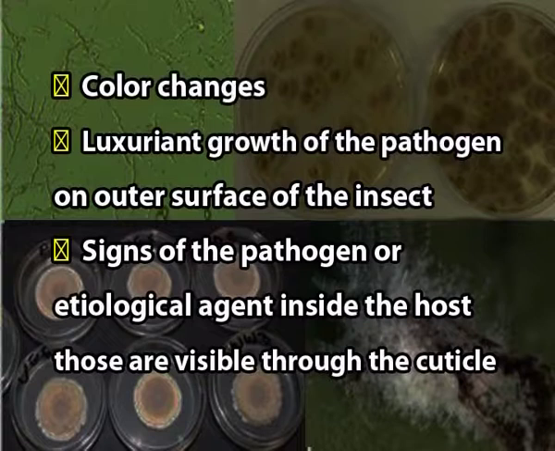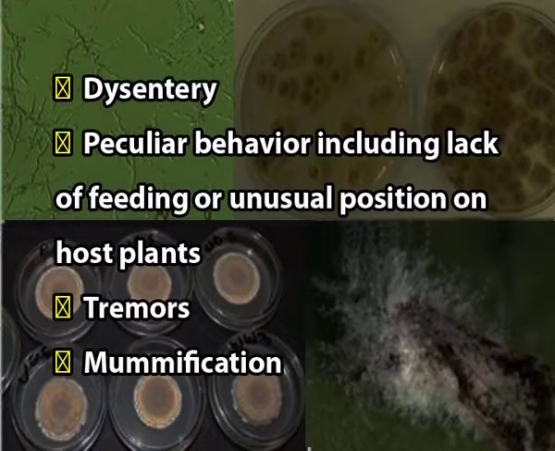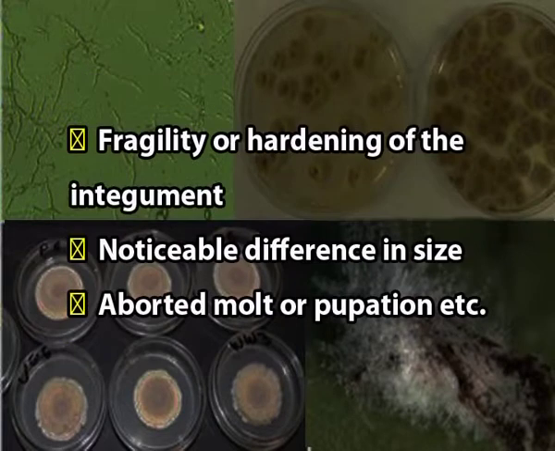The important symptoms are color changes, luxuriant growth of the pathogen on the outer surface of the insect, signs of the pathogen or etiological agent inside the host that are visible through the cuticle, dysentery, peculiar behavior including lack of feeding or unusual position on host plants, tremors, mummification, fragility or hardening of the integument, noticeable differences in size, aborted molt or pupation, etc.